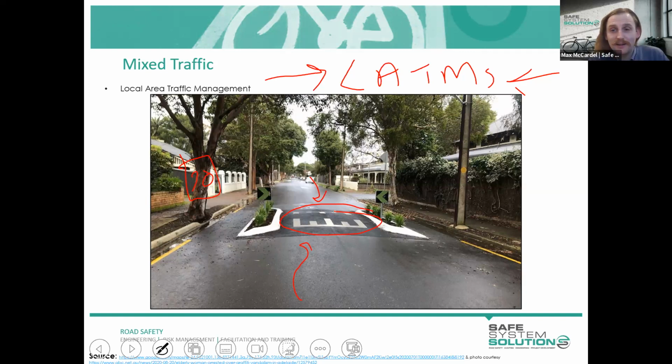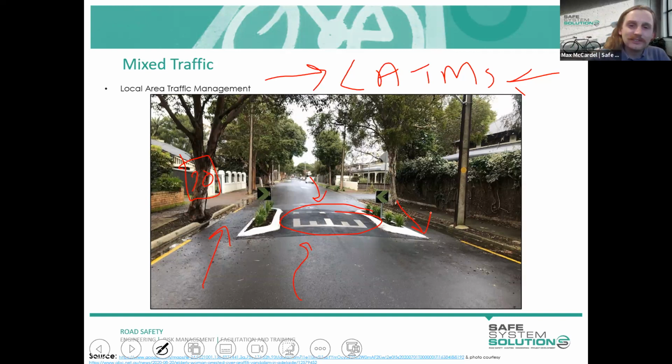But what I really like about this example, this one's in Adelaide for anyone wondering, is that if you're a cyclist, you actually get to bypass all of that because you're narrow enough to fit through that little section there. So you don't have to worry about that annoying little hump. You have a nice, easy journey along this street, but general traffic is going to be slowed down because this is considered a cycling corridor and we need to manage speeds.